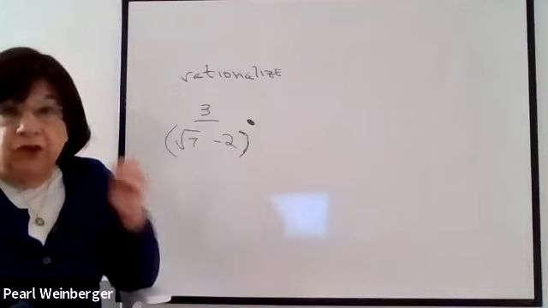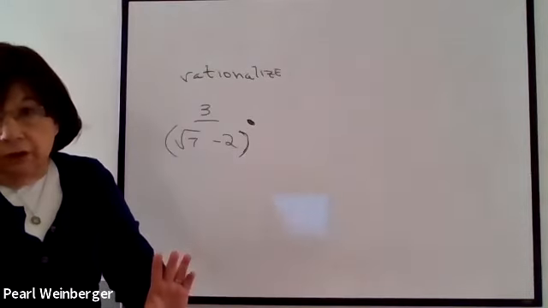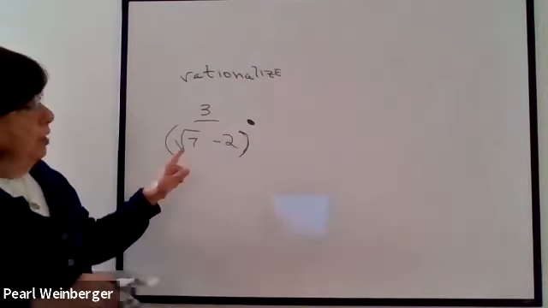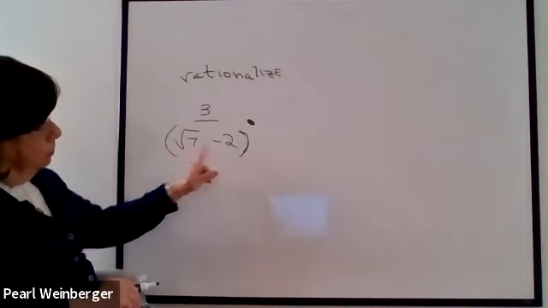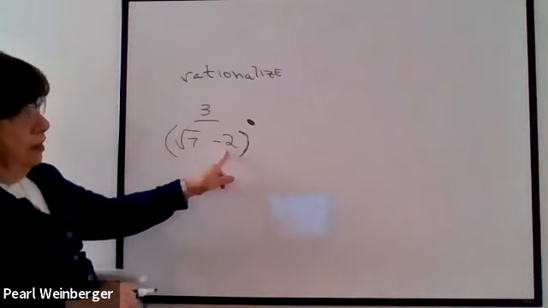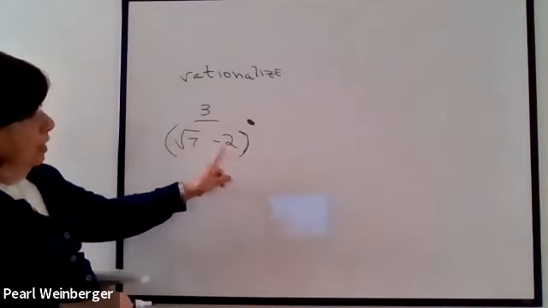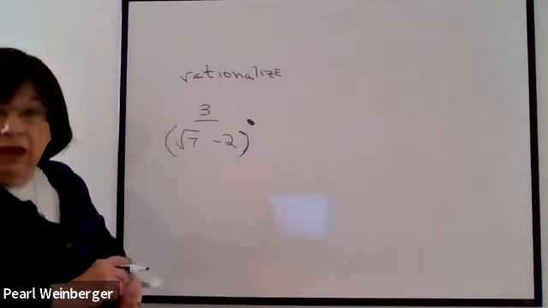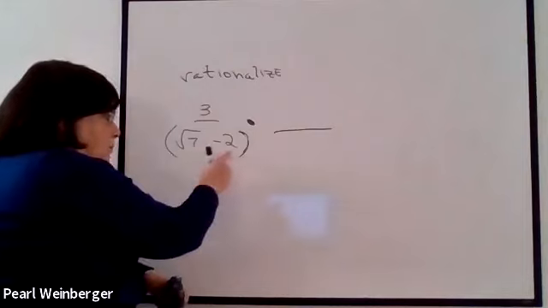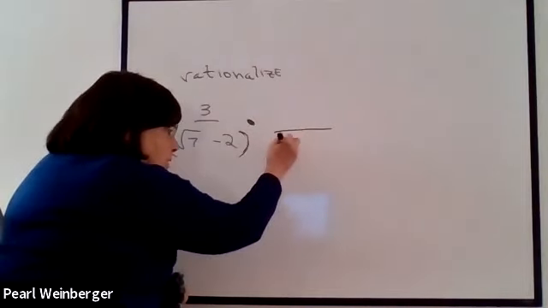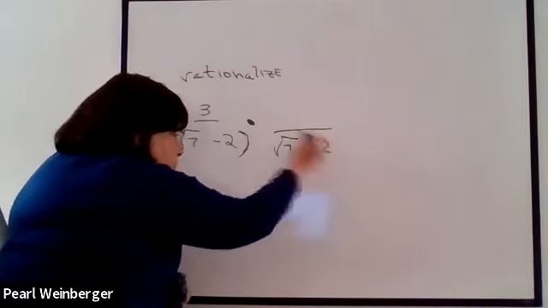And number 2, your final answer won't have any radical in it. So if I want to figure out something that I can multiply radical 7 minus 2 by, so I don't end up with a radical, I'll just pick the conjugate. Now the conjugate of radical 7 minus 2 is radical 7 plus 2.